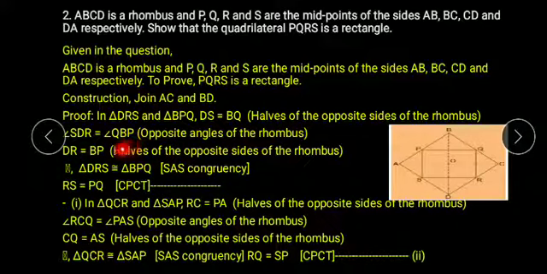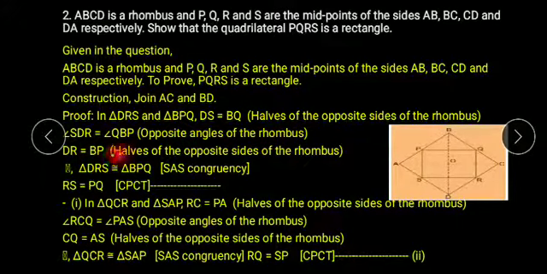Next, angle SDR equal to angle QBP. This angle is equal to angle PBQ. So these two angles are also the same. The reason is opposite angles of a rhombus are equal.